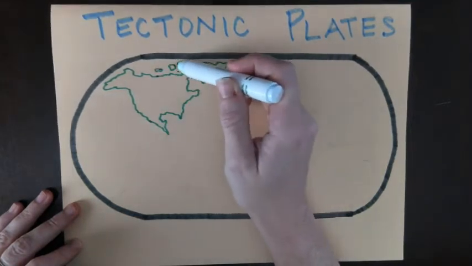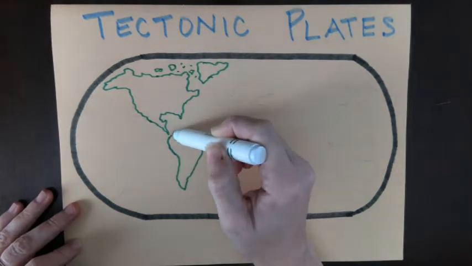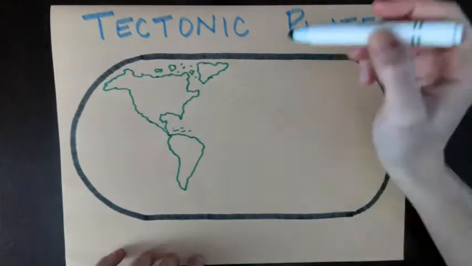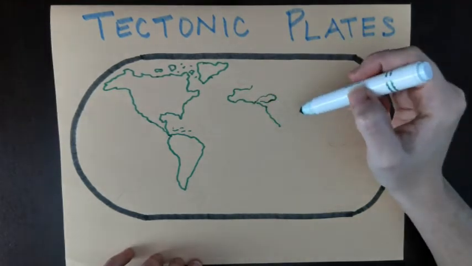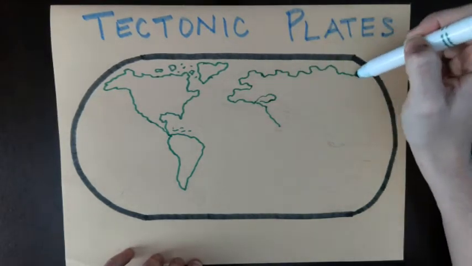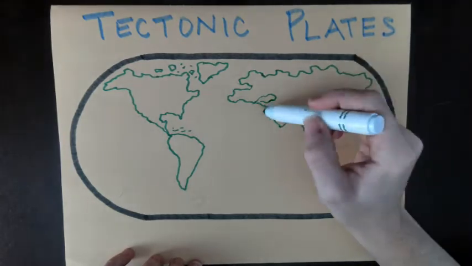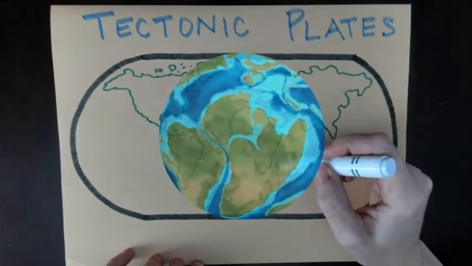And what I mean by that is it takes millions and millions of years for Earth to look like how it currently looks. And that's because of the outside plates of Earth moving.